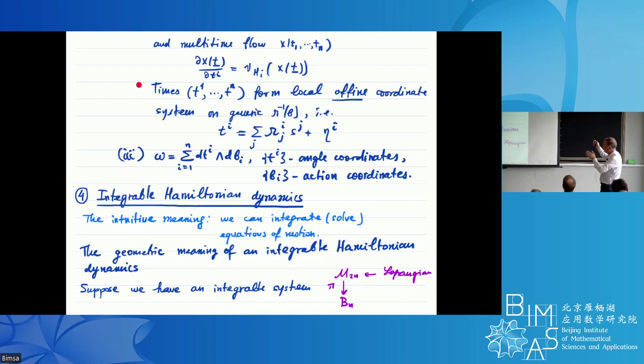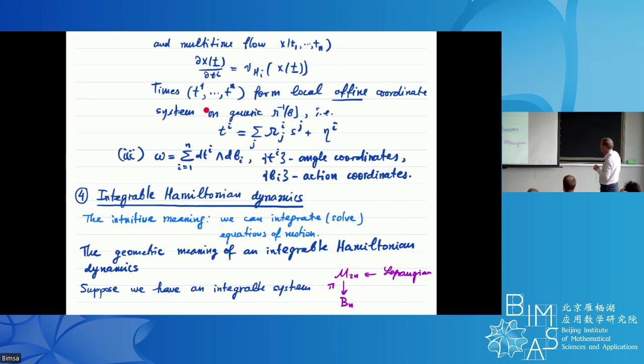And the second statement of the theorem is that the times of these flows generated by the Hamiltonians form a local affine coordinate system. Affine means that coordinate transformations are linear transformations and translations.